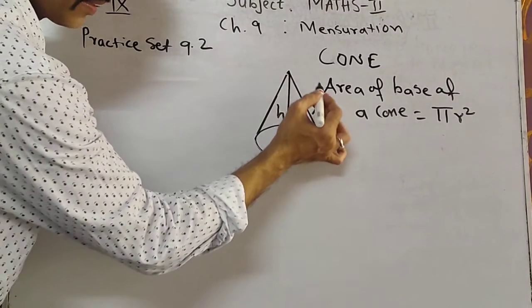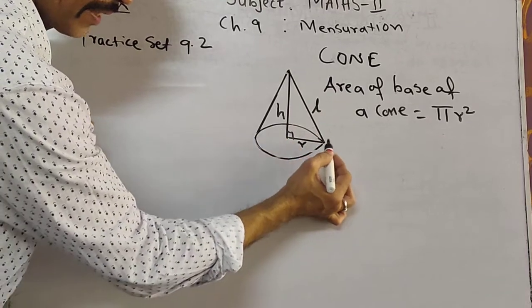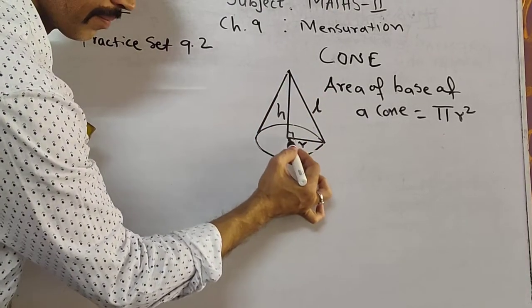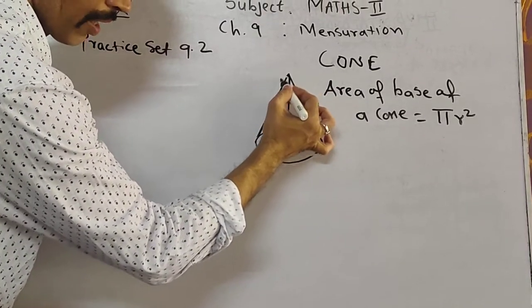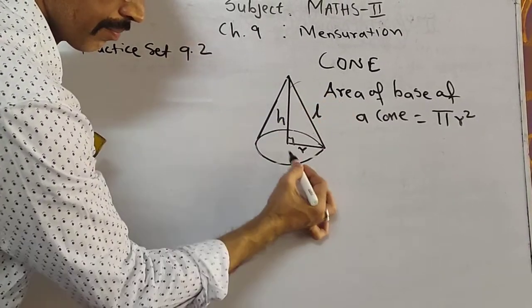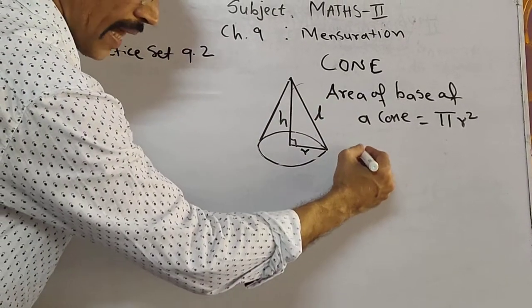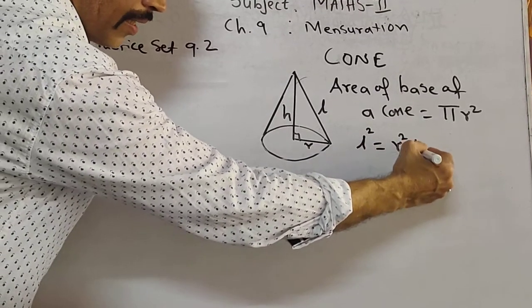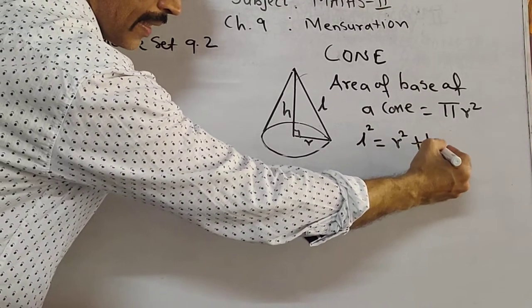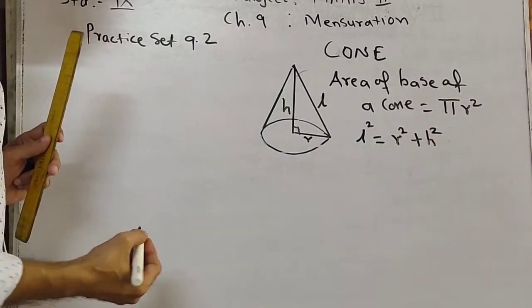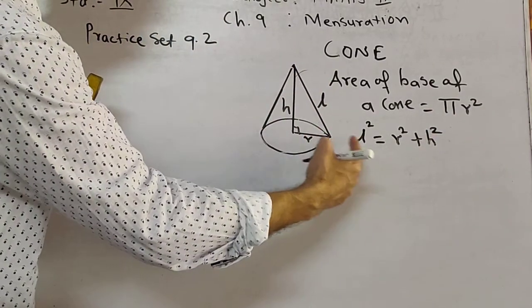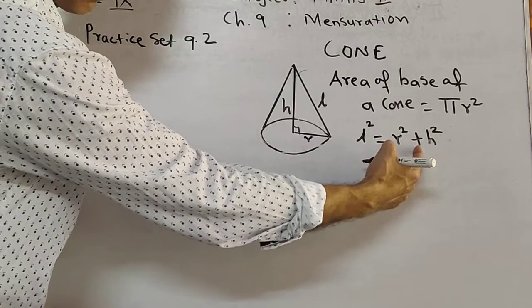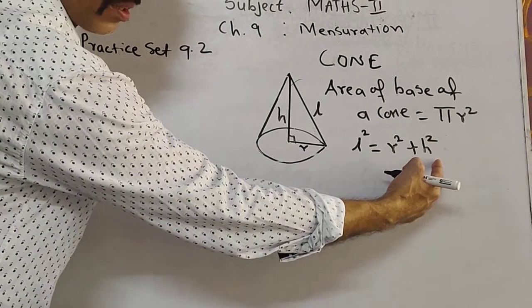So here you can see, you come across the Pythagoras theorem. So slant height L square is equal to r square plus h square. This is the slant height formula: L square is equal to r square plus h square.